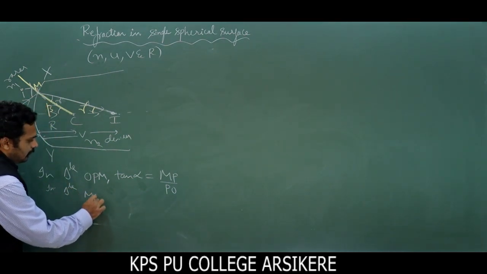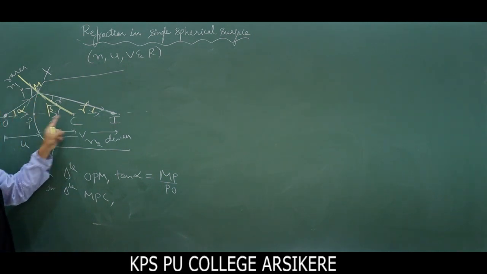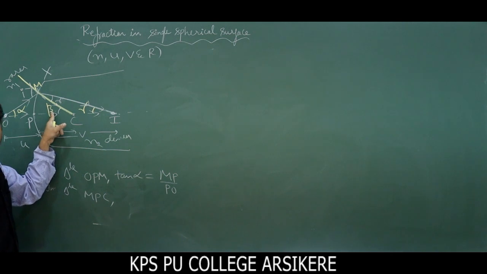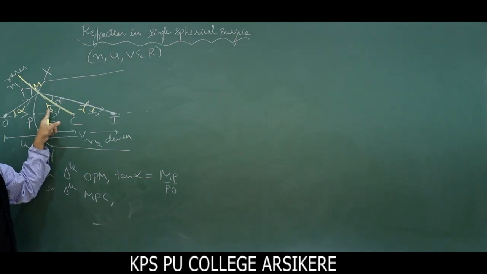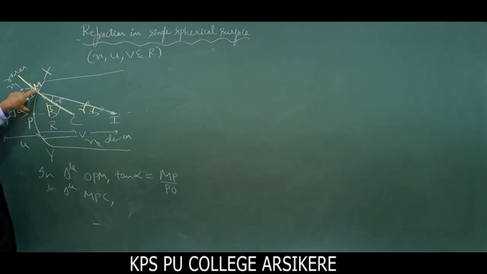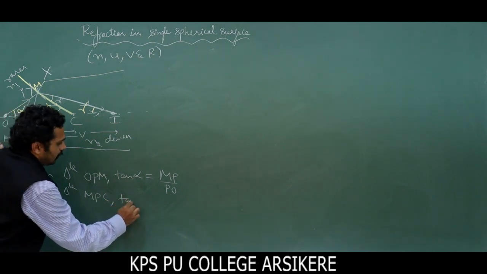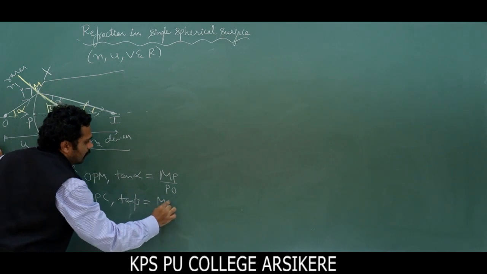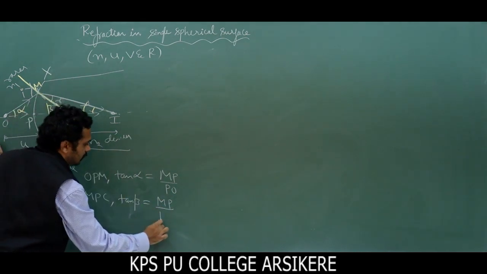Similarly, in triangle MPC, a right angle triangle, the angle is beta. Apply tan. Tan beta is equal to opposite by adjacent, MP by PC.